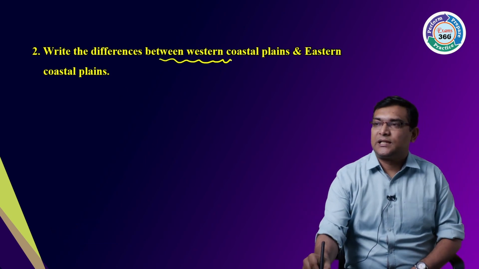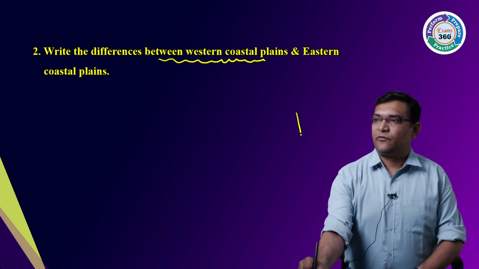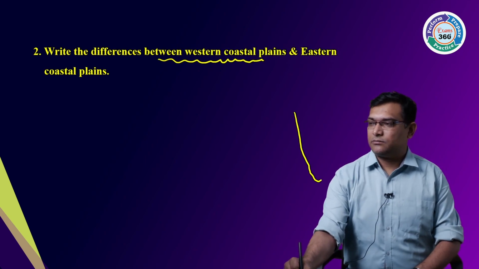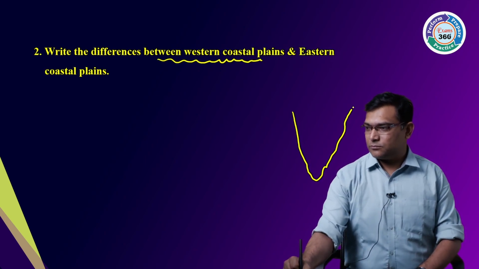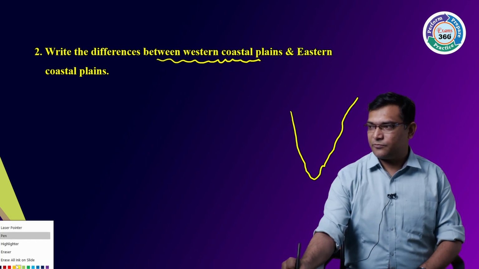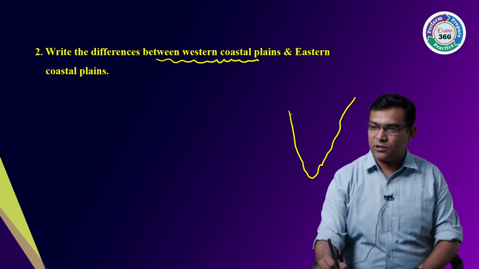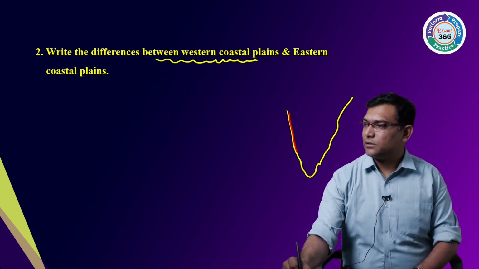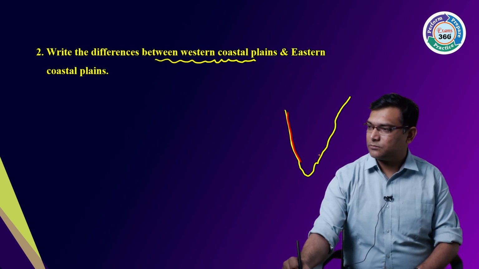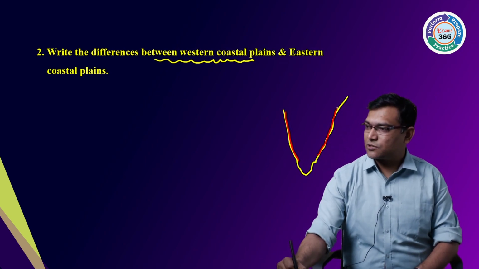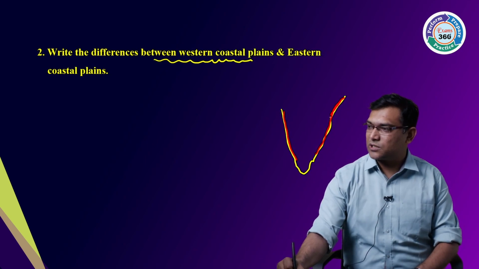What is this? The difference between western coastal plains and eastern coastal plains. So now this is the coastal area. West coastal area, east coastal area.